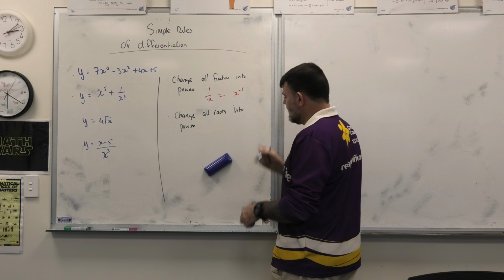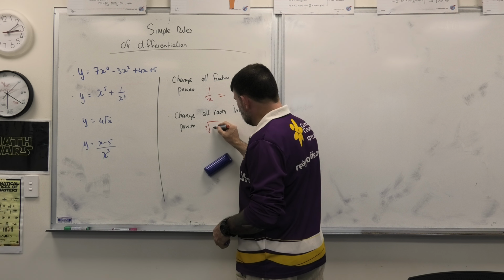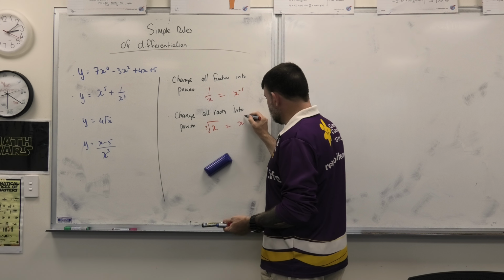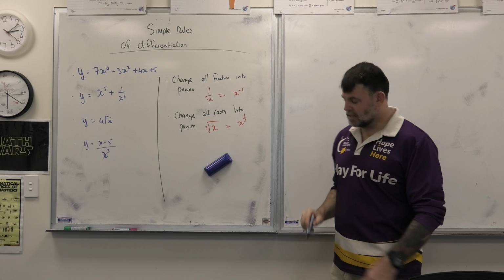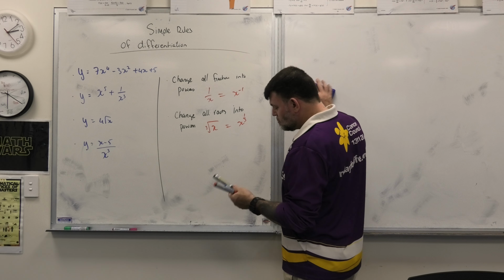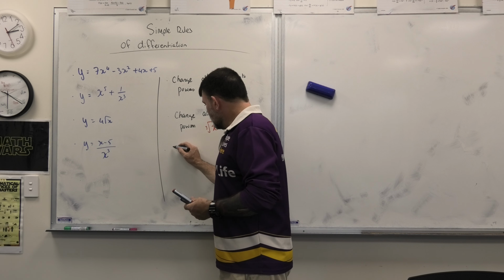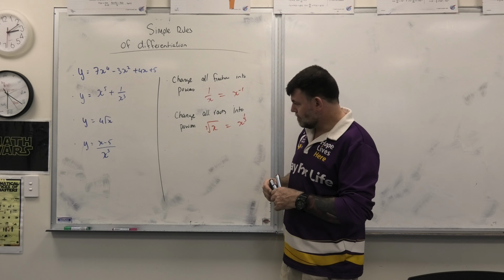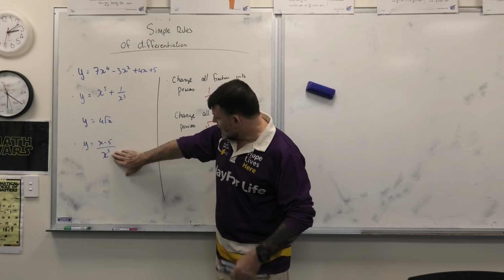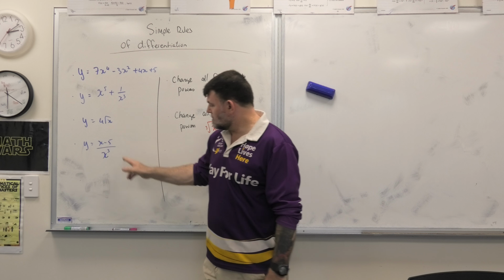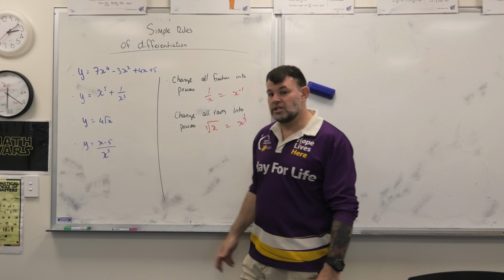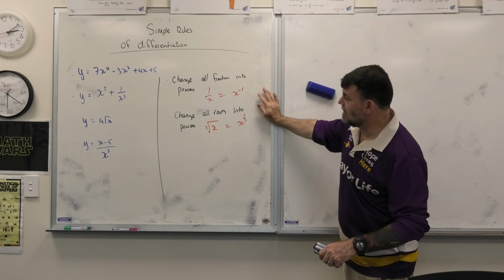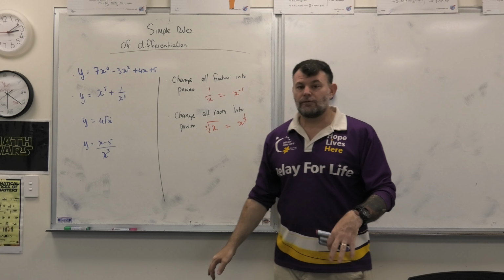So for instance, if we had the cube root of x, we'd have to rewrite this as x to the power of 1/3. And the last rule is that if we have terms that are divided by a single term, then each of those terms in the numerator is divided by that denominator. All these things must be taken into consideration before we do any differentiation.